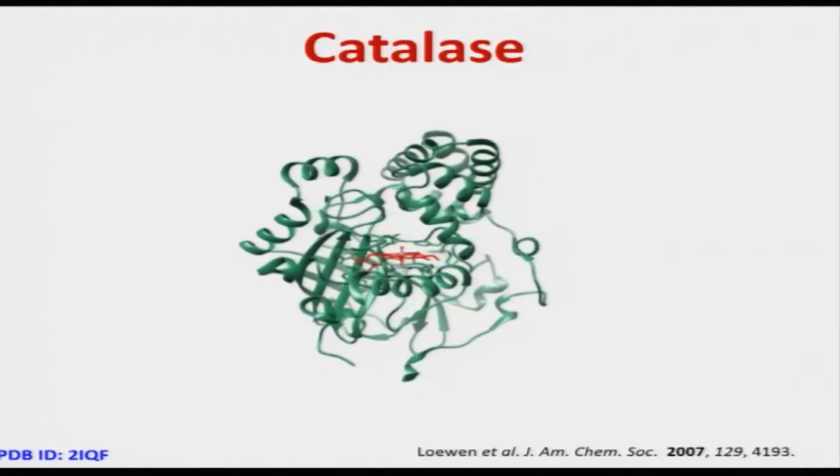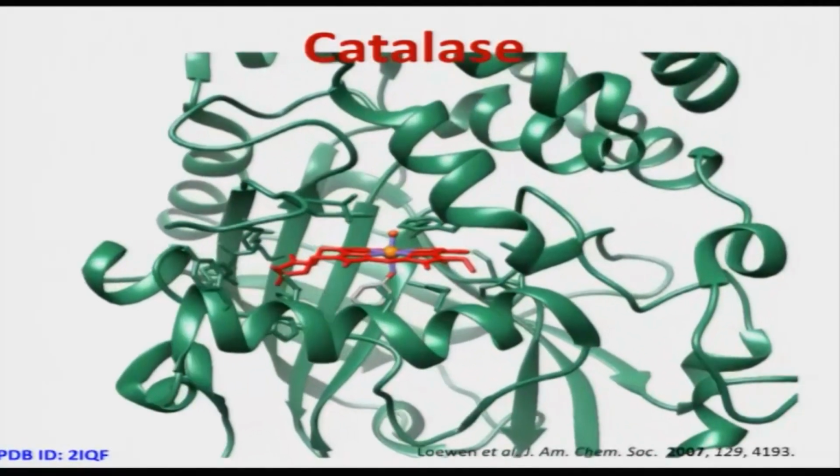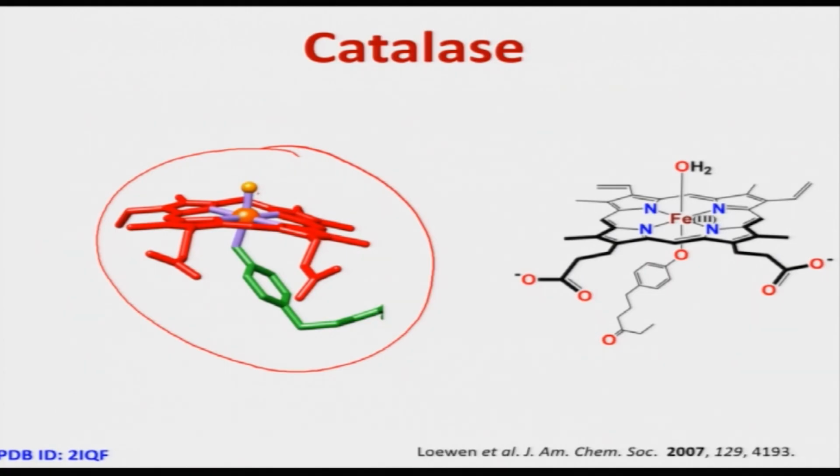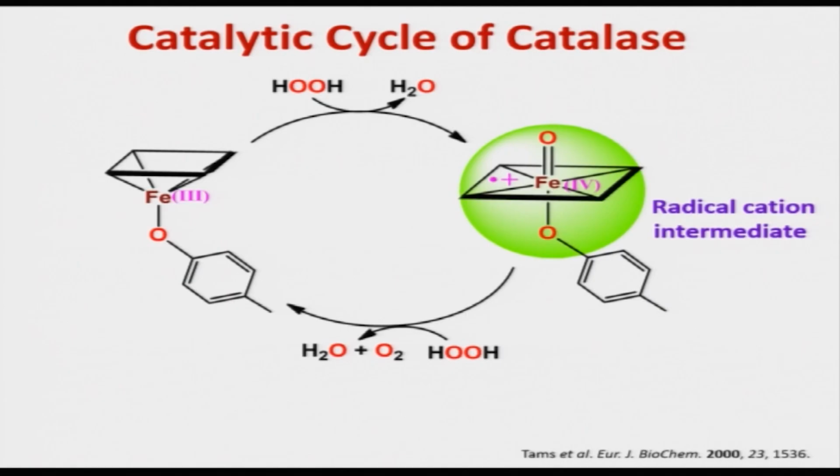If I remove this protein chain, you can see only the heme center, with the iron sitting on the plane of the porphyrin ring, and a water molecule weakly ligated at the sixth position. So, this is the resting state structure of the catalase enzyme. Let us look at the catalytic cycle of this enzyme.